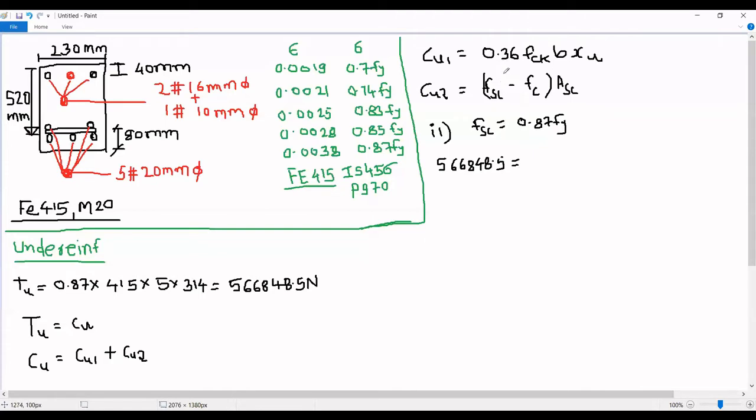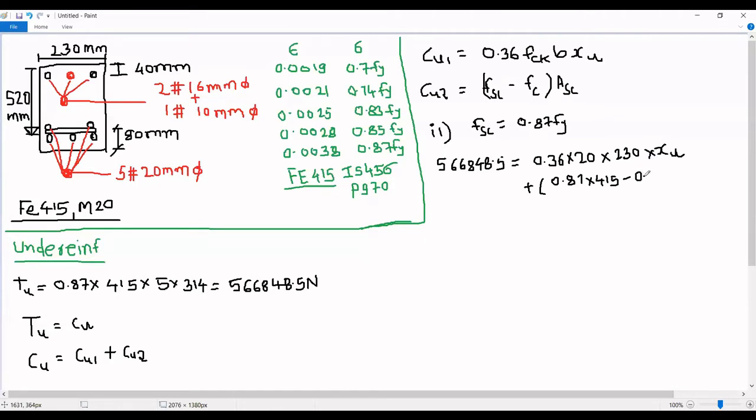Cu is Cu1 plus Cu2, which is equal to 0.36 into FCK, which is 20, multiplied by B, which is 230, multiplied by XU, which is the unknown to be evaluated, plus FSC is 0.87 Fy, that is 0.87 into 415, minus, we have discussed that this FC is going to be equal to 0.446 FCK.